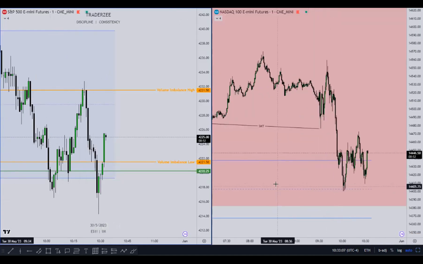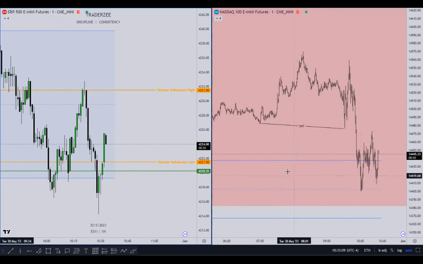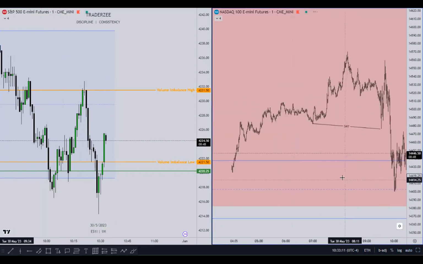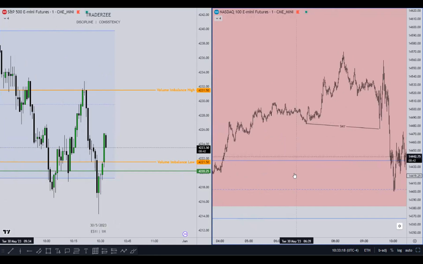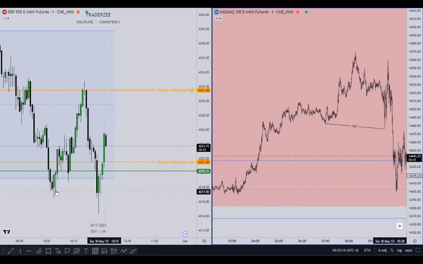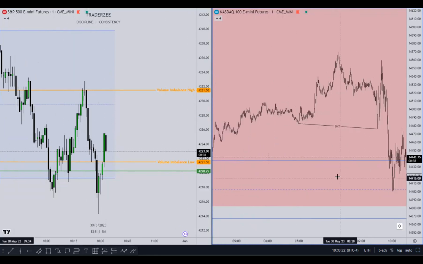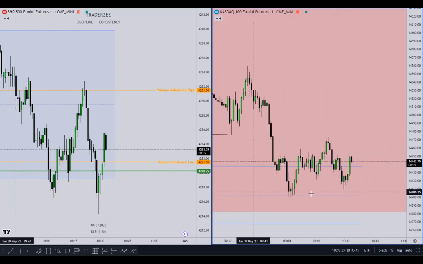Yes, correct. But the higher time frame SMT, that's what I was talking about. If you look on the 15-minute, this is, yes, a lower time frame SMT, correct.